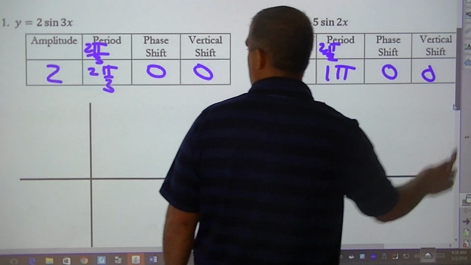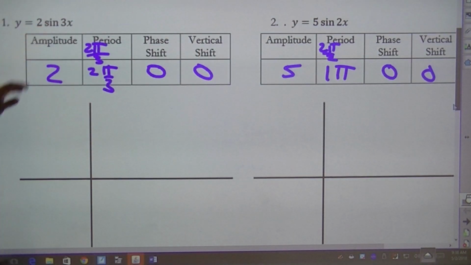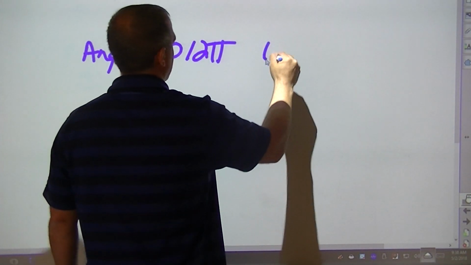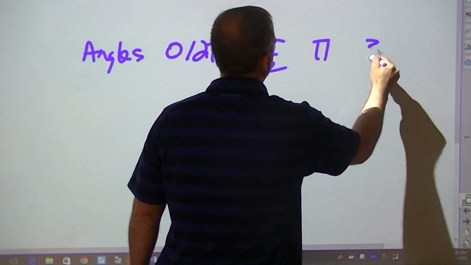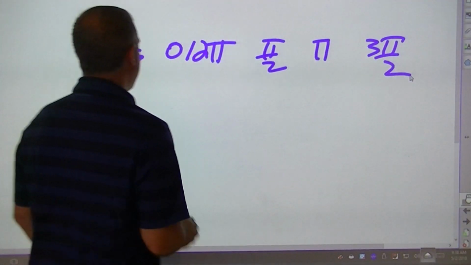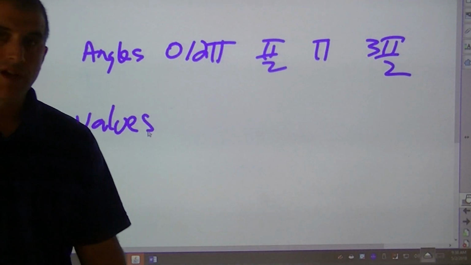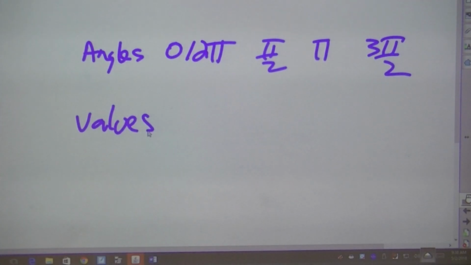Okay? Now, as far as these go, let me go to a blank page so I can show you. Your angles are always going to be this. Now, your values are determined by the trig function. Let me make sure you can see that okay.